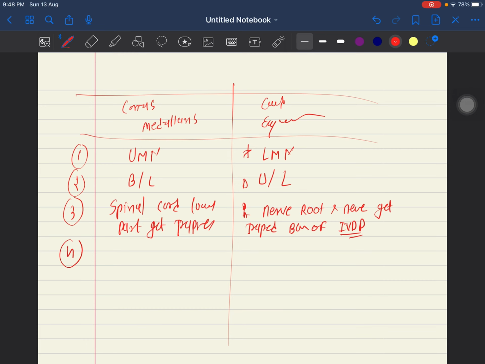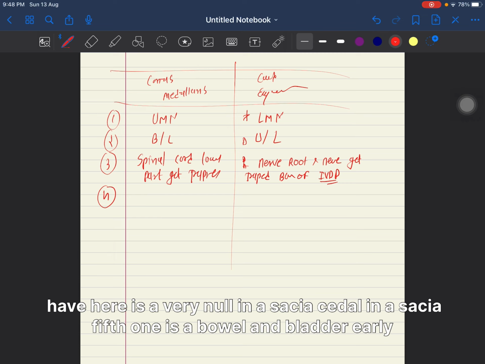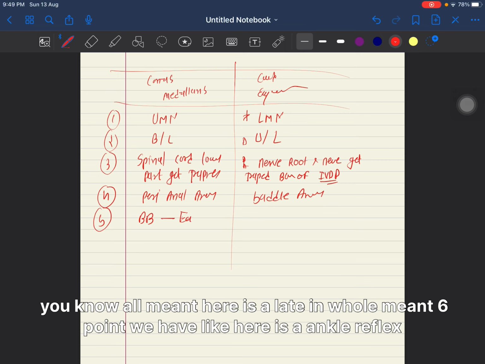Okay. Fourth point: here we have perianal anesthesia, and here saddle anesthesia. Fifth is early involvement of bowel and bladder here, and late involvement here.